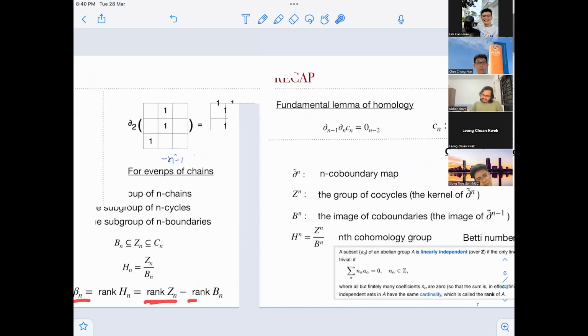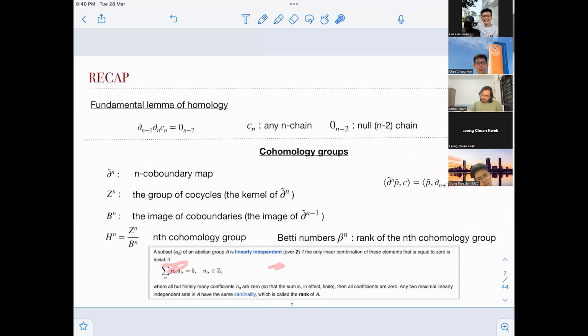What is rank? It's a bit involved, but you can think of it as dimensionality, or something like the number of independent components. There is a nice definition for abelian groups, which is what we will often be interested in.